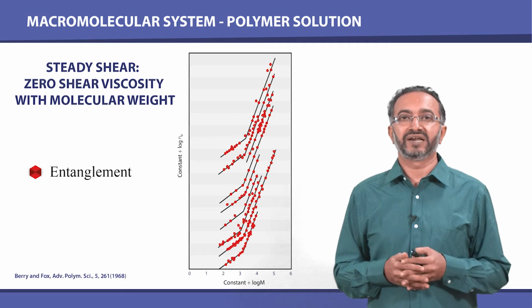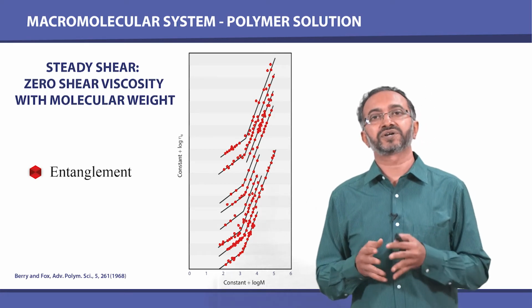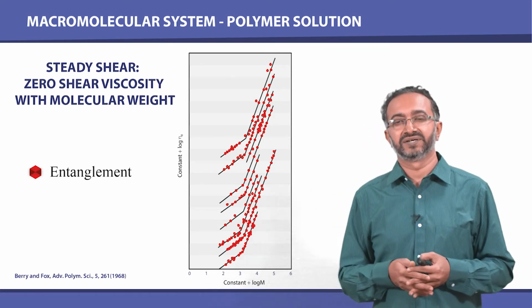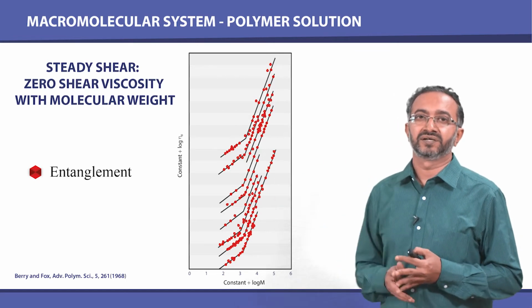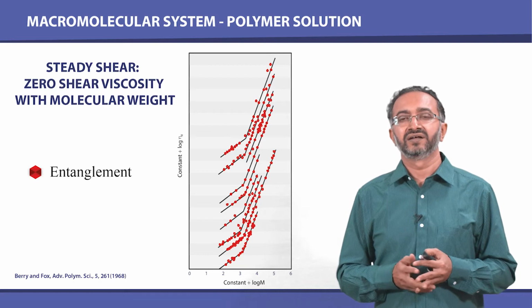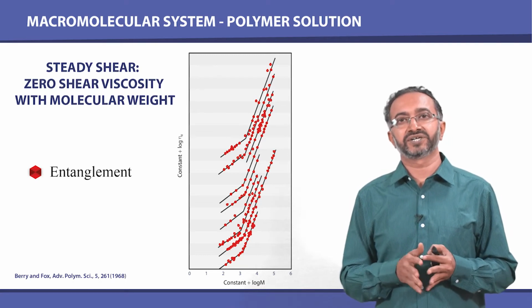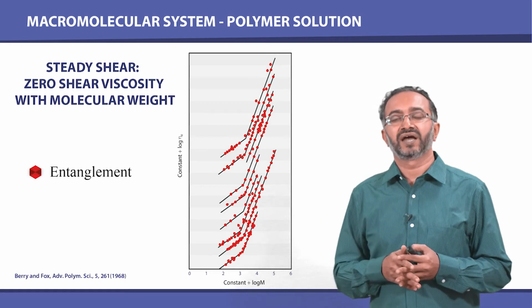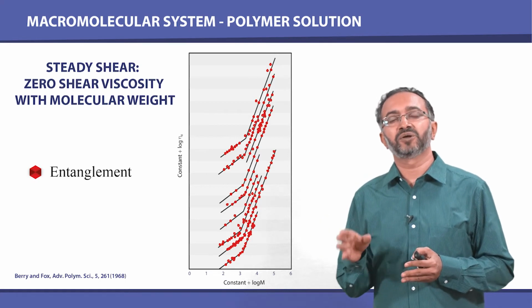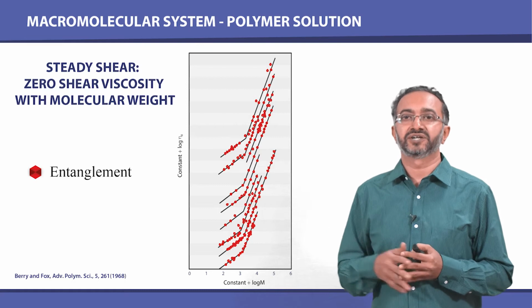So, in case of melt, the most important feature is entanglement, and that is very beautifully described in this set of data, where the experiments are done on different sets of polymers, and for each polymer different molecular weights are chosen.